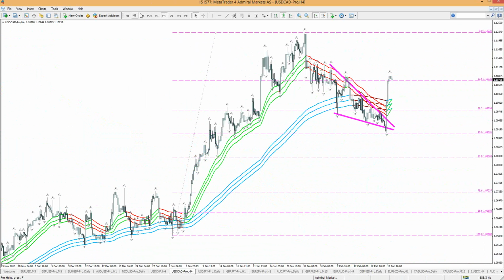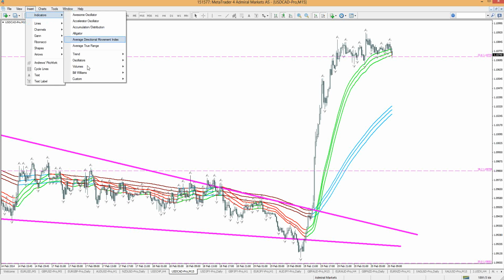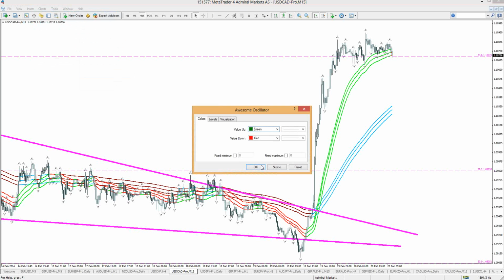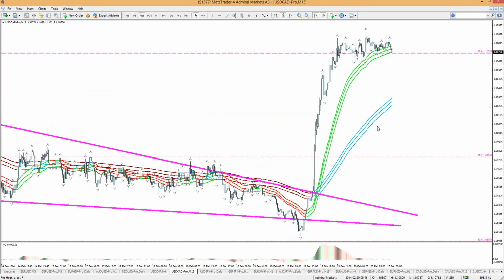So what now? Well, let's see. There's a big momentum burst. So I would expect continuation of this. And if we get a break above this resistance line, there should be a decent chance of continuing further.